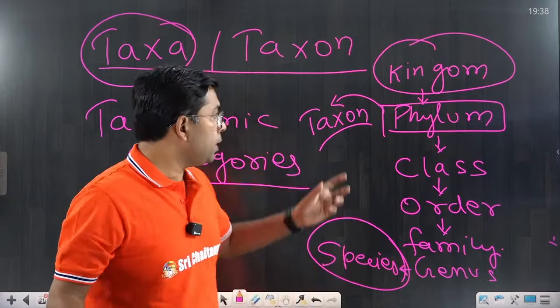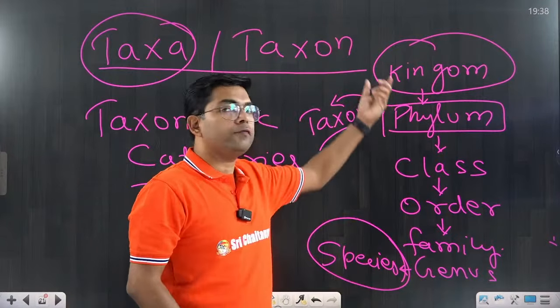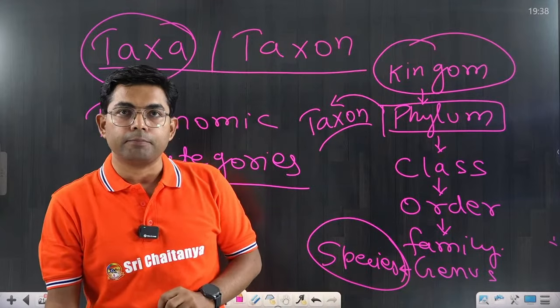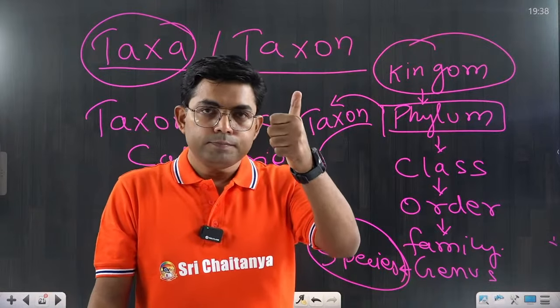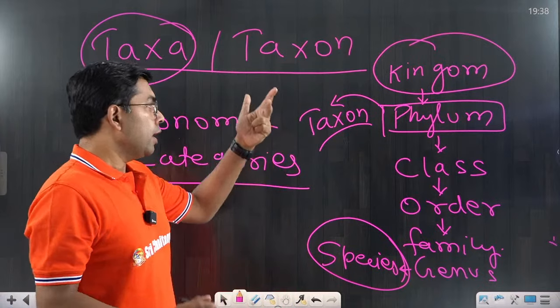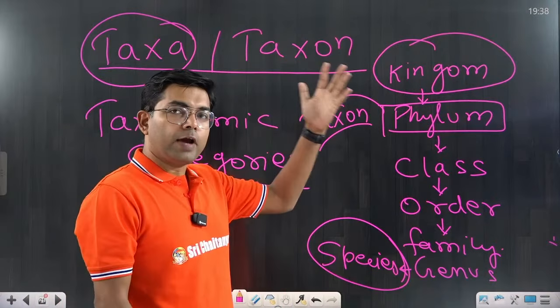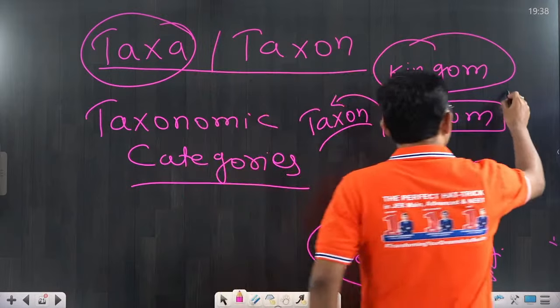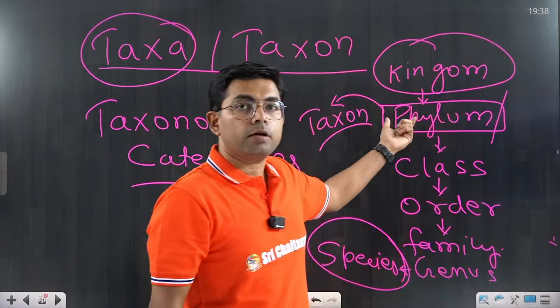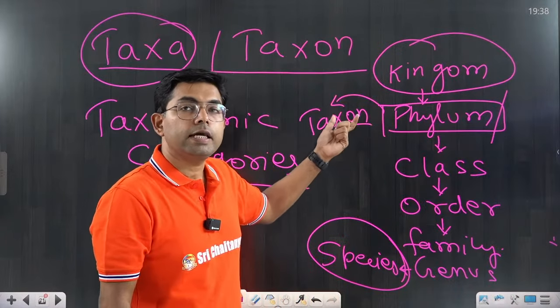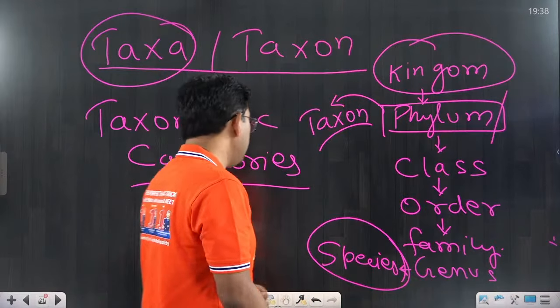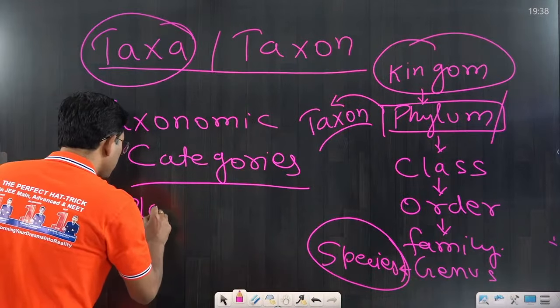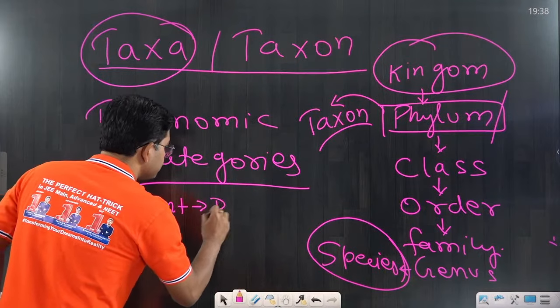Here you have to remember the exact order of these taxonomical categories: kingdom, phylum, class, order, family, genus, species. Now note, phylum is used in animals. For plants, what is used? It is division. In case of plants, we use division.